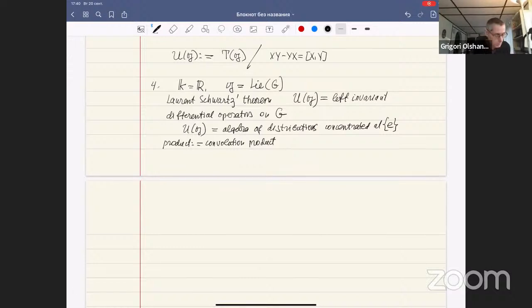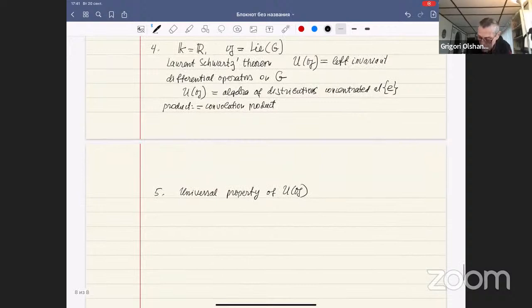And the next fact I would like to mention is the universal property, which is a formal consequence of the very definition of our object. And the universal property says the following.